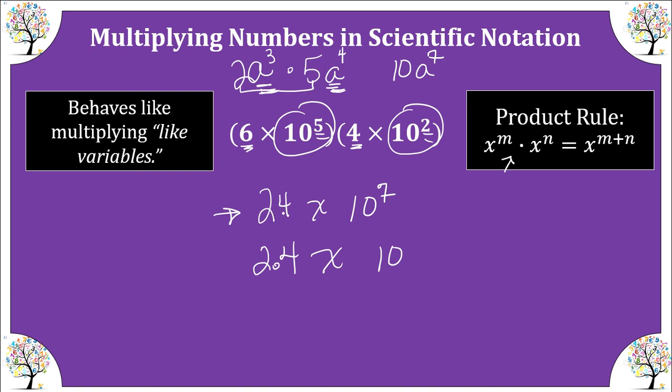So I went from 24 down to 2.4. Therefore, I have to keep it balanced and go up an exponent on my power. And 24 times 10 to the 7th is the same as 2.4 times 10 to the 8th. But this is proper scientific notation.